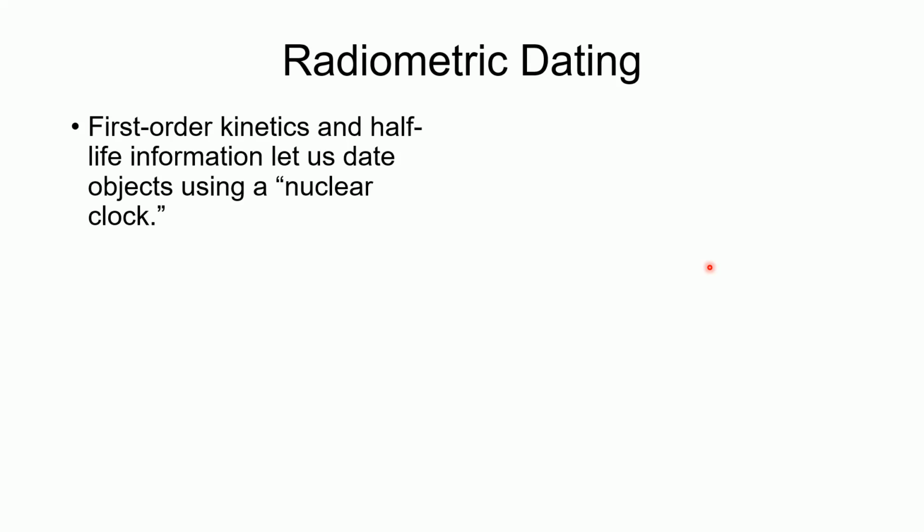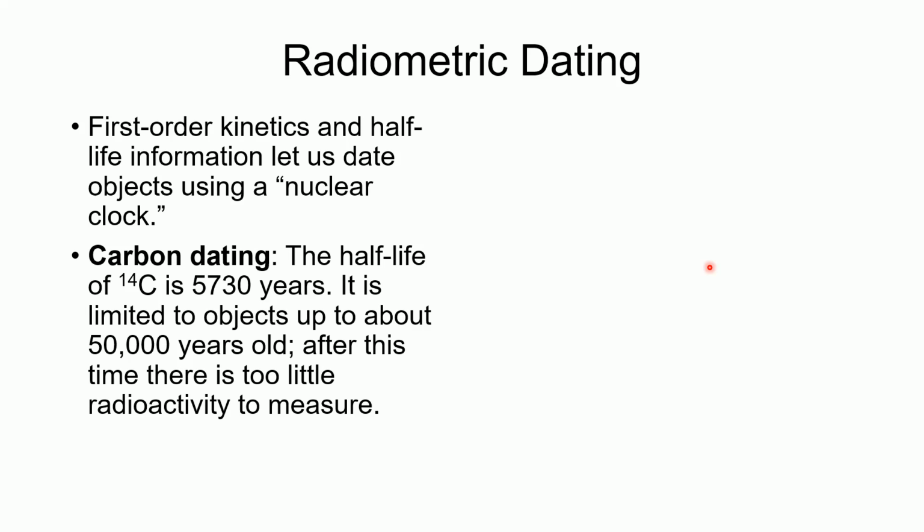As long as we know how much of a particular isotope was in a substance originally, and then being able to measure that radioactive material now, we can get a good estimate of how old something is.